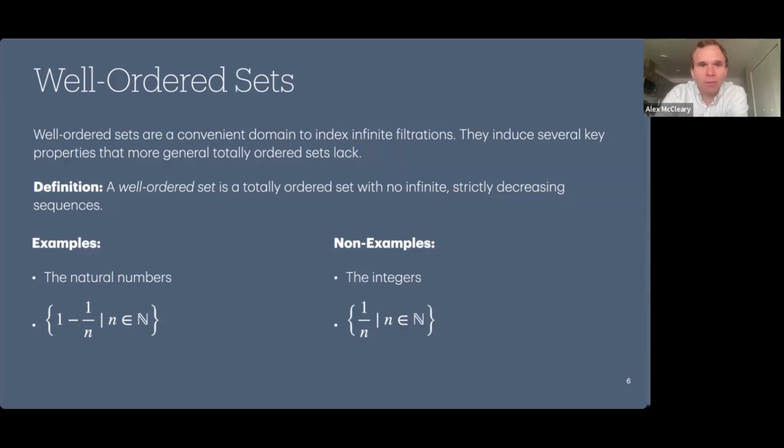Every such embedding will give you a well-ordered set, and that's really what you want to have in mind for this talk. But well-ordered sets are more general than that, and you can have somewhat strange well-ordered sets that can't fit in the real line at all. But that's not so important for this talk.